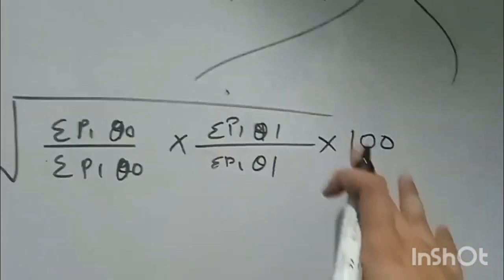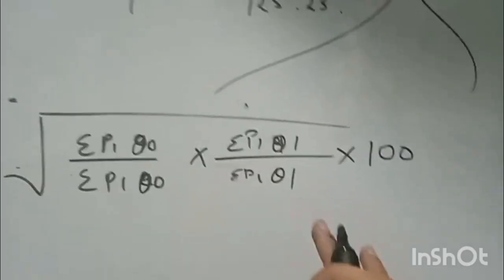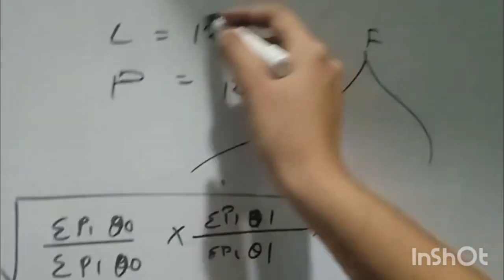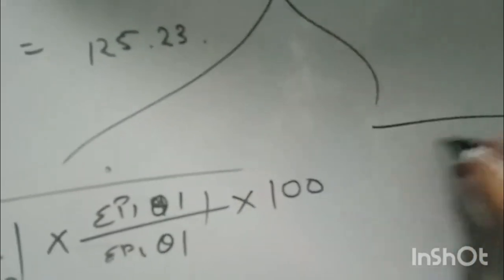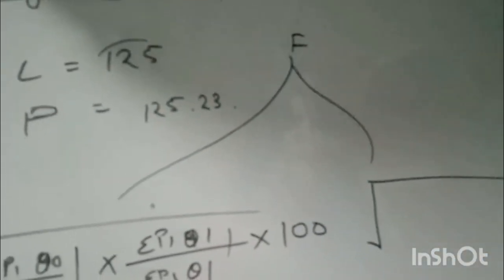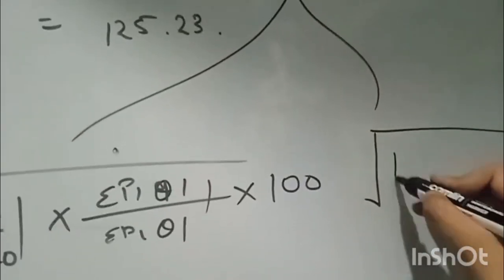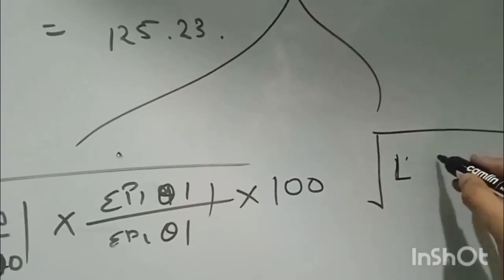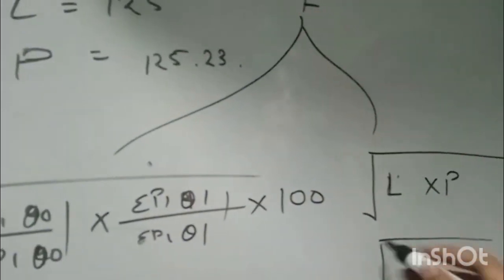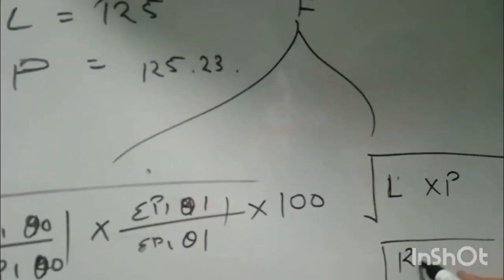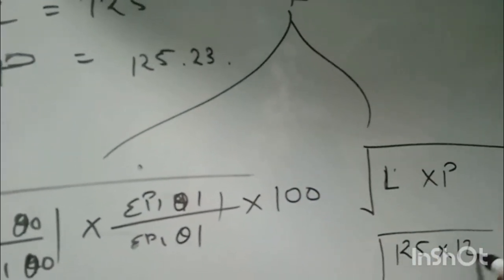So one method is this. It is a bit longer because we have already done this and this also. So we can simply do the other thing, just multiply the answers. They both will give around the same answers, not the same but around the same. 125.23.